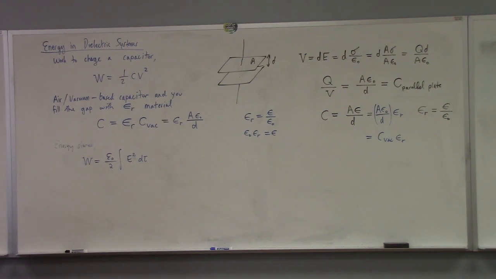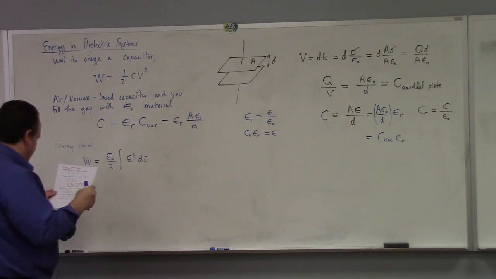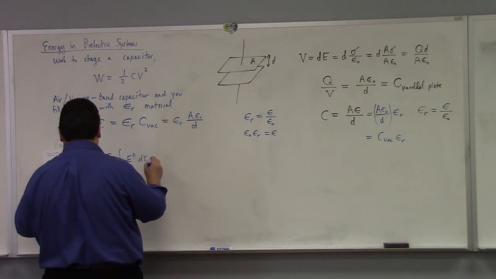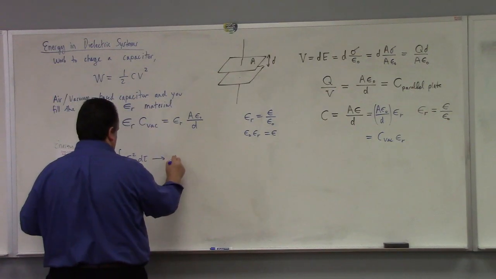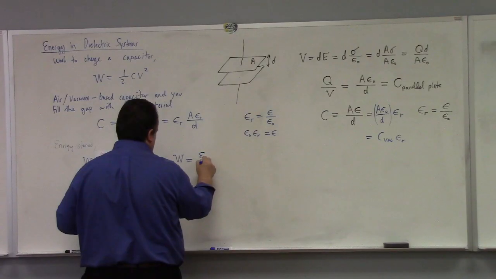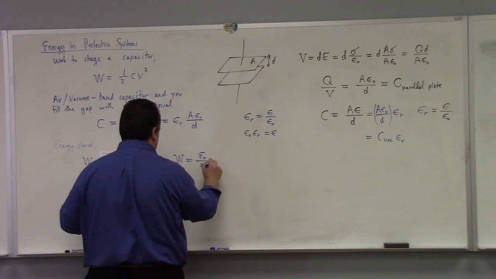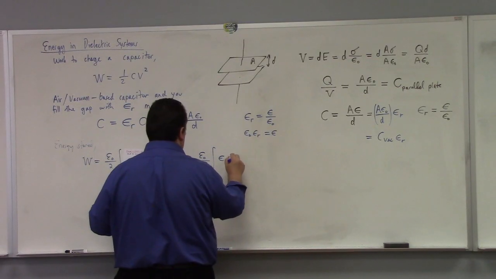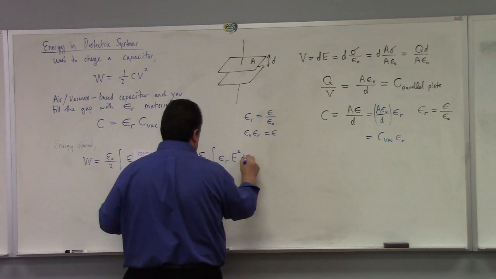So, as he says, we suspect from the dielectric-filled capacitor that the work needed to assemble such a system is epsilon naught over 2 times the integral of epsilon relative E squared d tau.